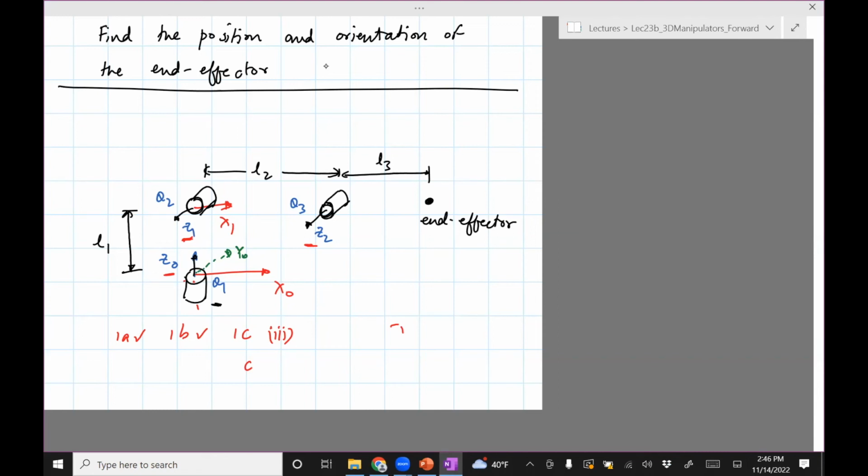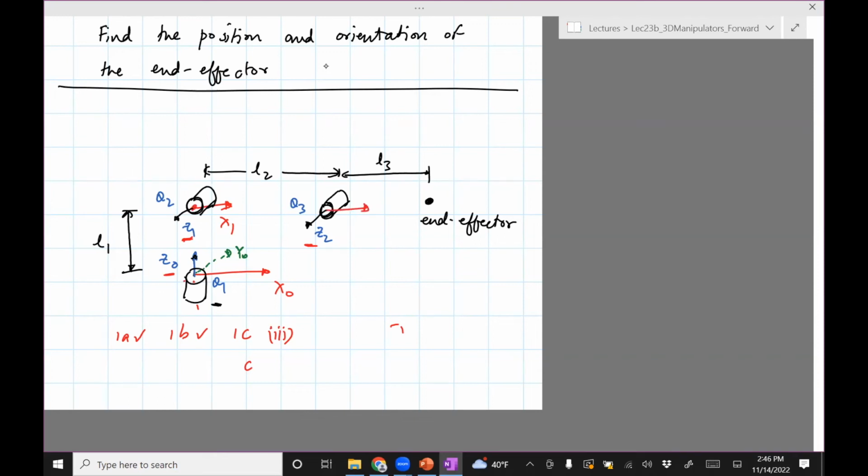Choose any of these perpendiculars, right? So we can choose any perpendicular. Any of these could be x2. Okay, but if you want to make your life easy, then you want to choose x1 or x2 such that it passes through the origin of the previous joint. So that would be this joint.